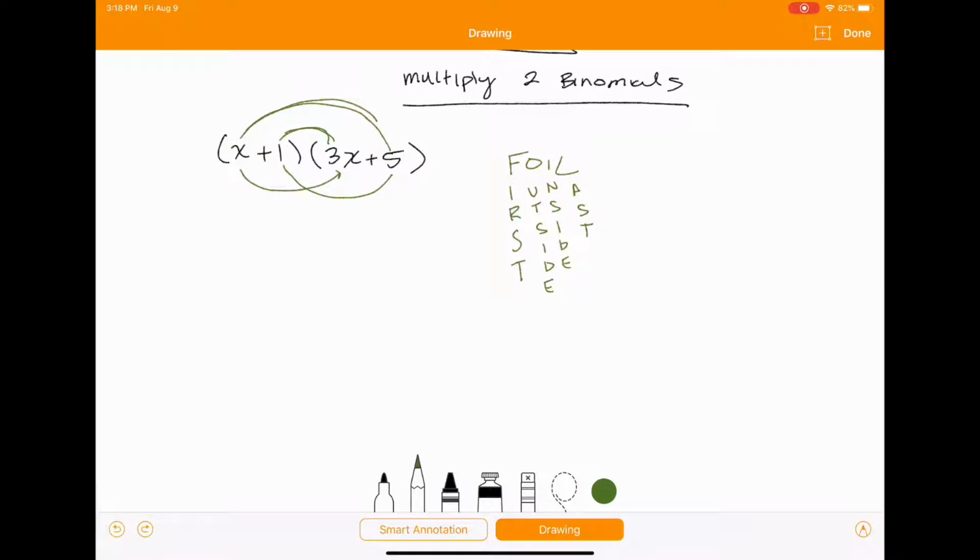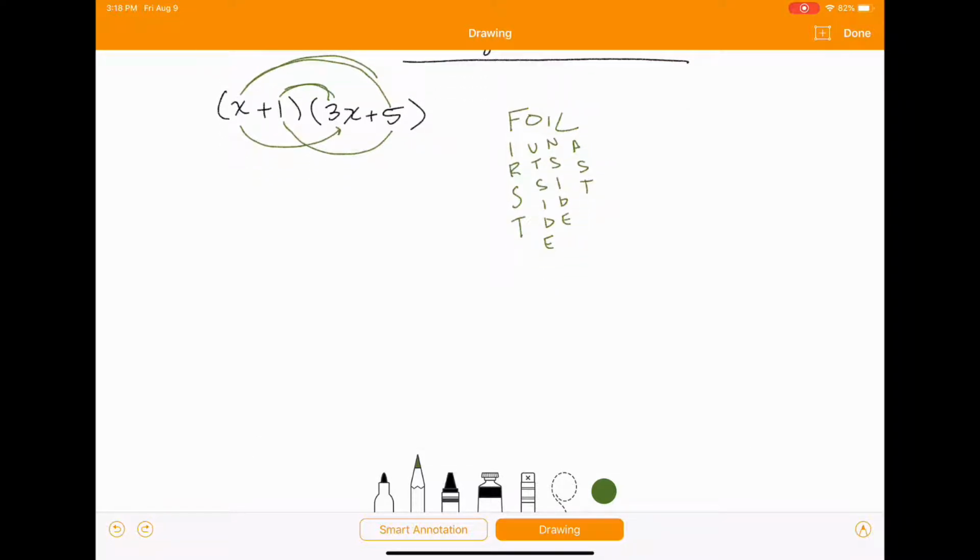So we're going to go ahead and do this FOIL action here. So we're going to do our first terms, so x times 3x, plus our outside terms, so x times 5, plus our inside terms, 1 times 3x, plus our last terms, so 1 times 5.